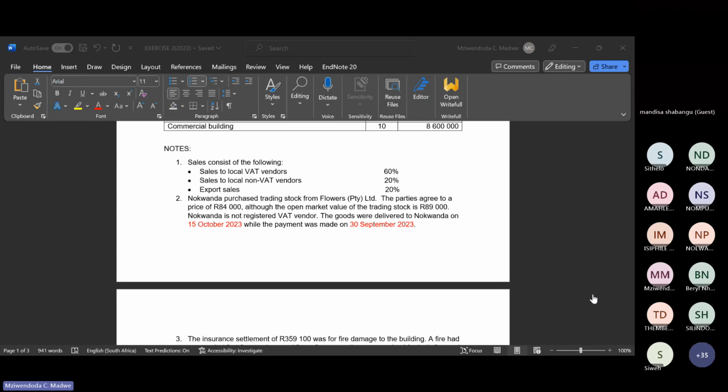Am I going to start on 15? Am I going to start on 30 September? So you have to refer to section 9 of your VAT Act whenever you have more than one date, if you want to determine when you are going to start calculating VAT.